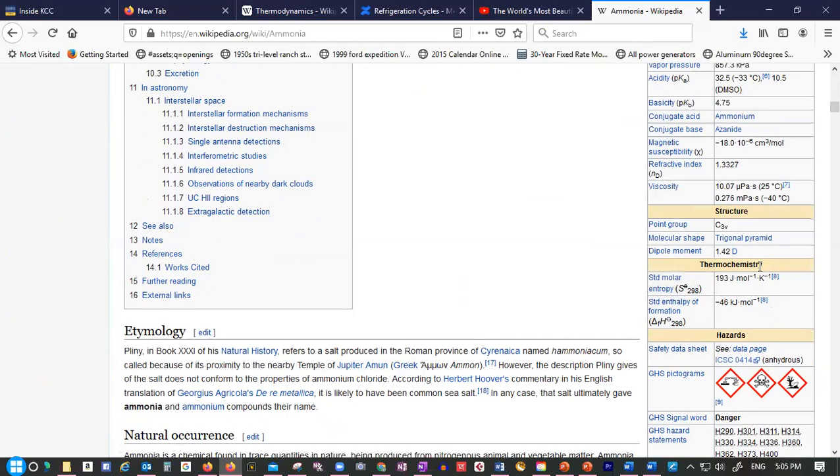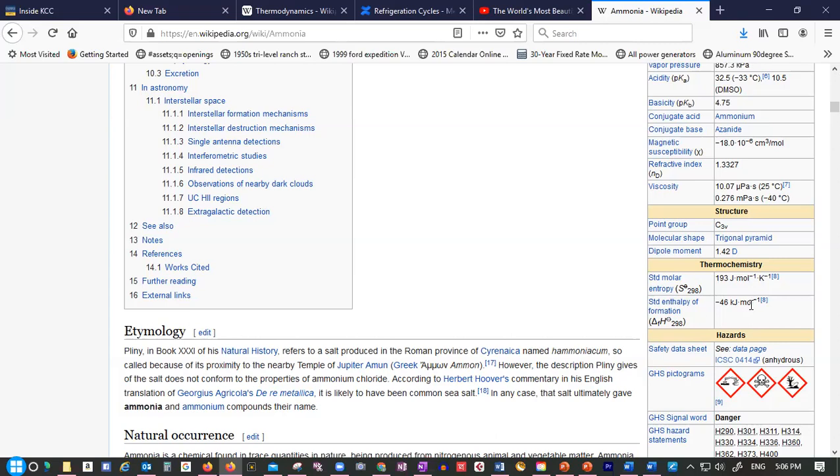This is the thermochemistry of that substance. 193 joules per mole Kelvin. So the entropies are given in joules per mole Kelvin, whereas enthalpies again are given in kilojoules per mole. Here the standard enthalpy of formation for ammonia is negative 46 kilojoules per mole.